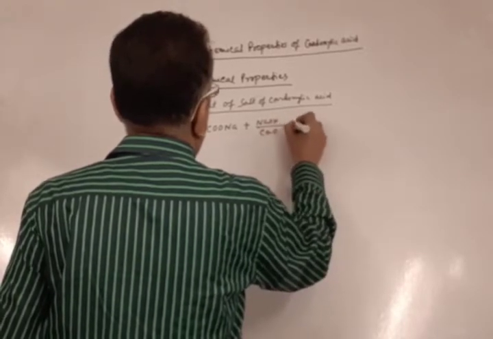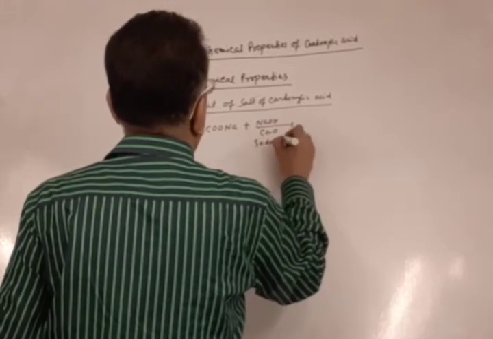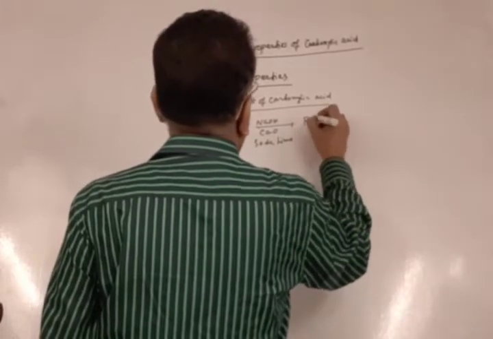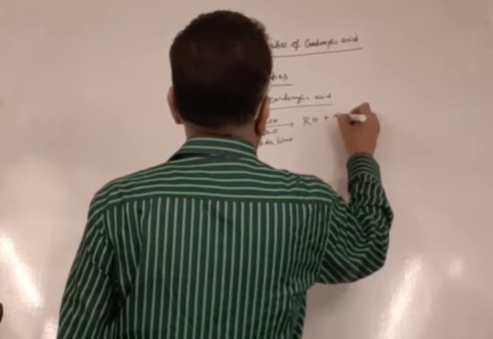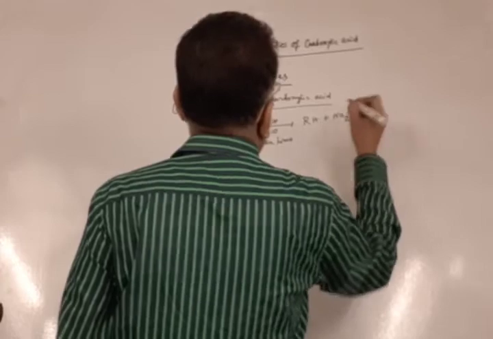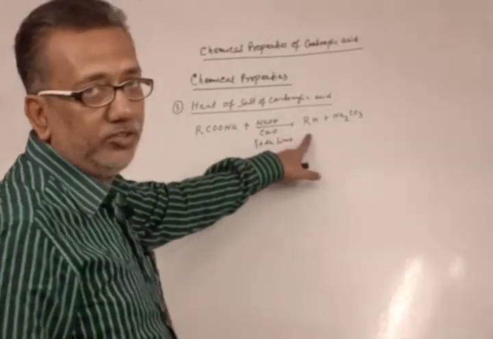this mixture is called soda lime. We are getting the corresponding RH plus Na2CO3, sodium carbonate. So the corresponding alkane is produced.